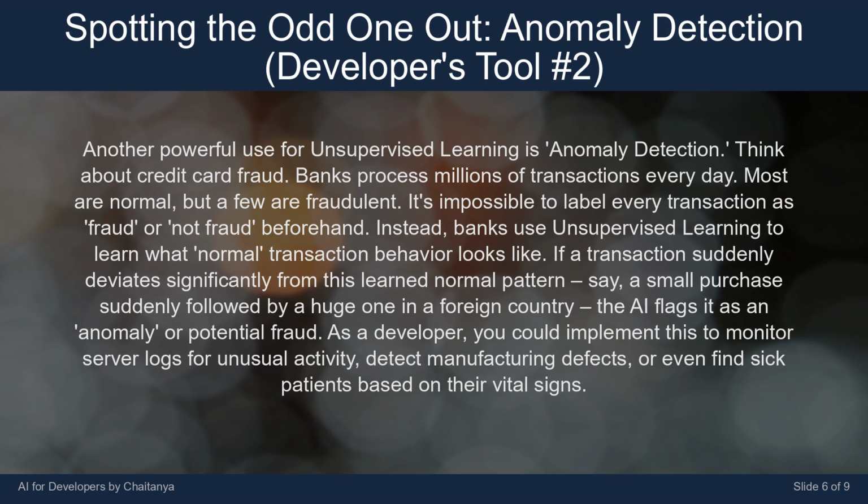If a transaction suddenly deviates significantly from this learned normal pattern, say, a small purchase suddenly followed by a huge one in a foreign country, the AI flags it as an anomaly or potential fraud. As a developer, you could implement this to monitor server logs for unusual activity, detect manufacturing defects, or even find sick patients based on their vital signs.